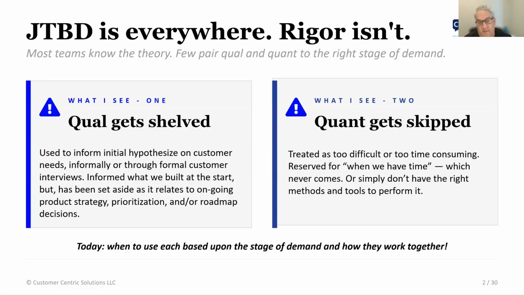Jobs to be done might inform the initial start of determining what to build and why, but oftentimes it gets set aside when it comes to ongoing product strategy, prioritization, and or roadmap decisions. So there's a lack of rigor in terms of how people integrate it into their daily working activities.